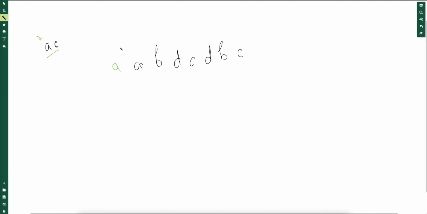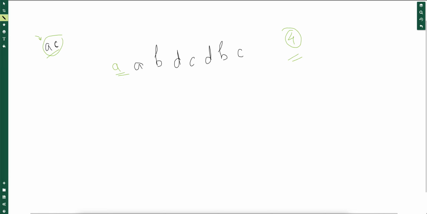Now if we take this character and this character, three times the pattern has appeared. If we take this character and this character, again a match, basically four times the pattern has appeared. So what we are saying is, if we append A, then this pattern appears four times in the original string.